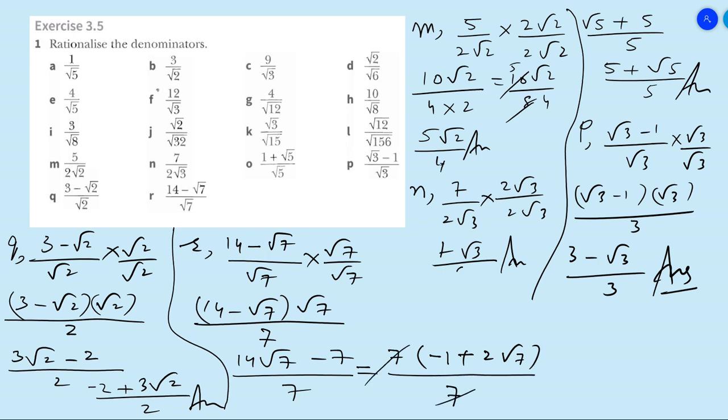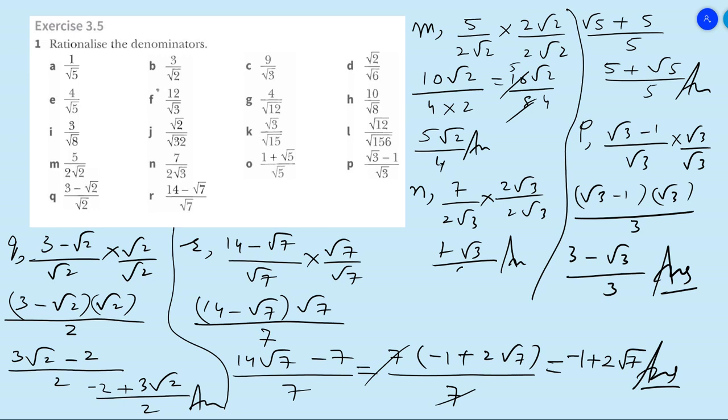This 7 is cancelled by 7. So the final answer is minus 1 plus 2 root 7. Minus 1 plus 2 root 7 is the final answer of part R of question number 1. And we have finished the whole question.